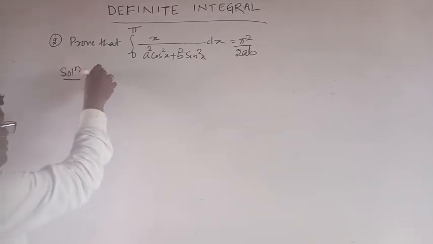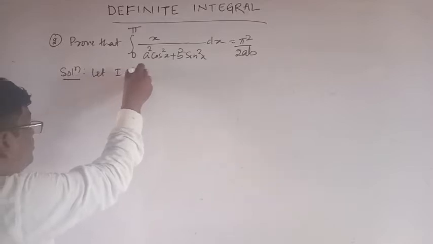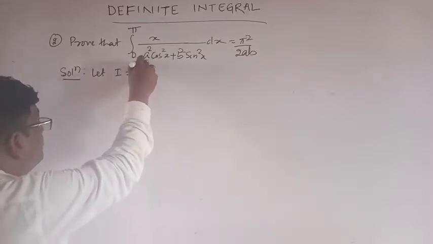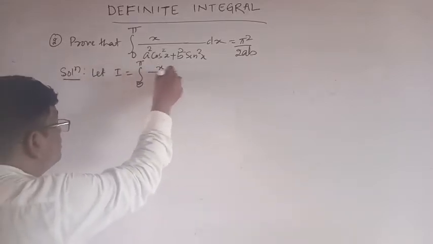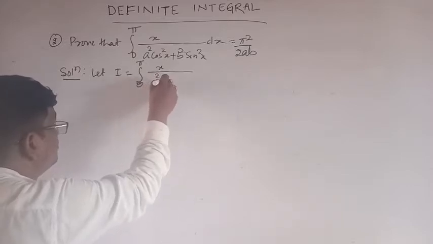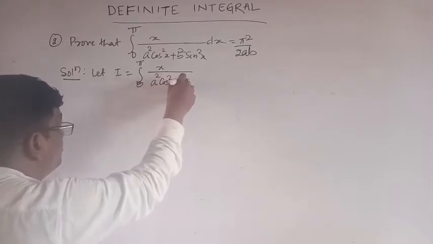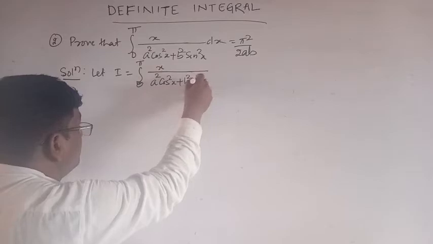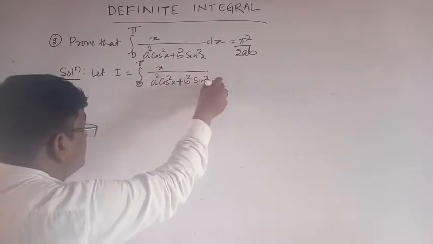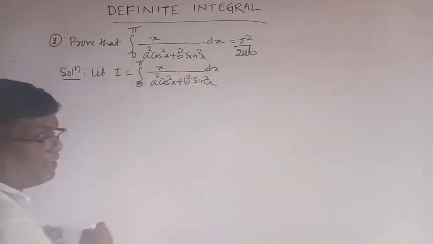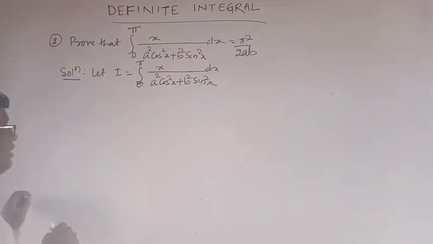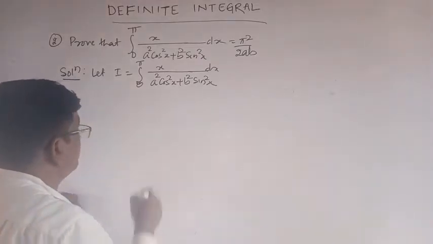Let I is equal to the integral from 0 to pi of x divided by (a square cos square x plus b square sin square x) dx. Apply property number 5, that is, put x equal to pi minus x.